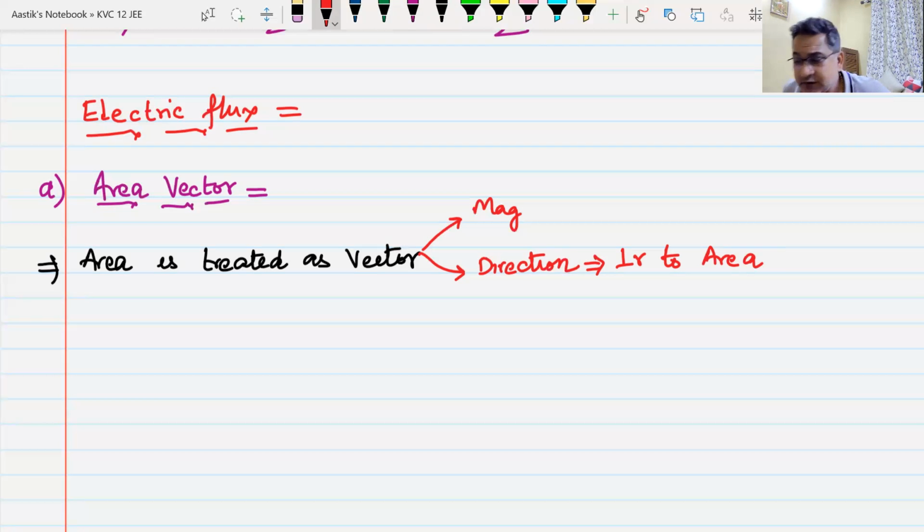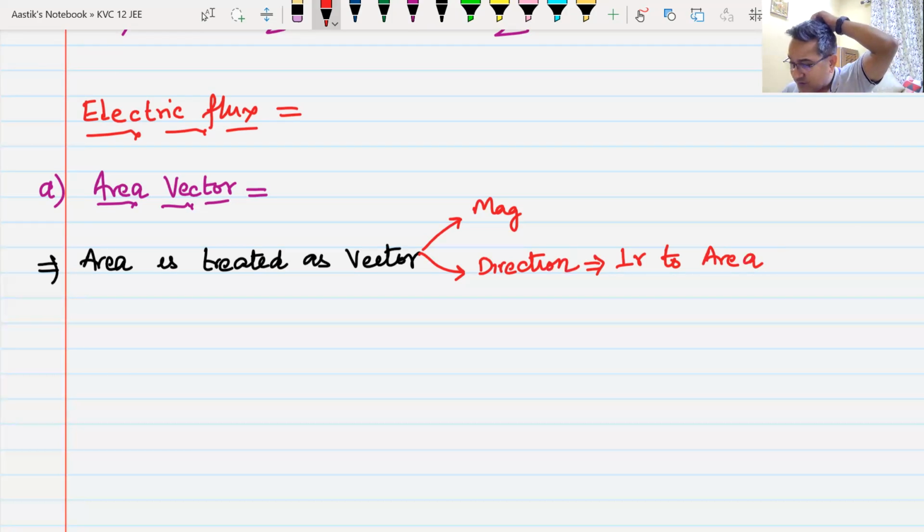Do we understand this? Perpendicular to your area. If this is your surface, if this is your area, the direction of the area vector is like this, perpendicular. It is taken perpendicular to the surface.